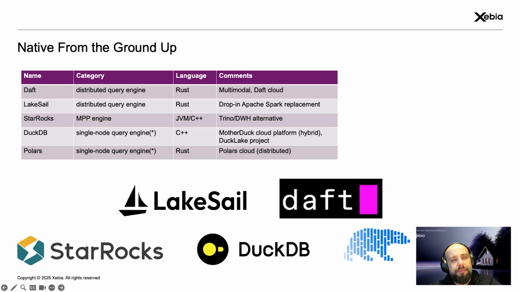Next one, Lakesail, is a very interesting project. It is still in early stage, but the idea is kind of novel, because this time this project not only aims at adding some accelerator layer to Apache Spark. They actually try to rewrite Apache Spark from scratch in Rust.